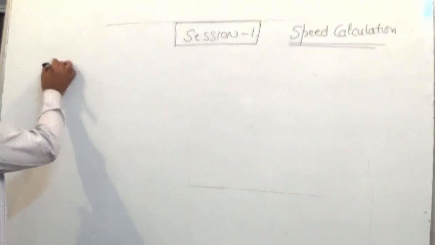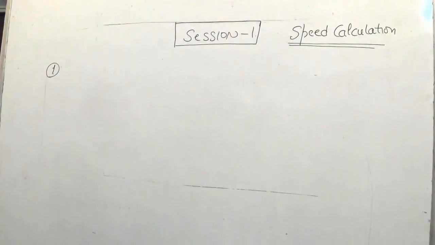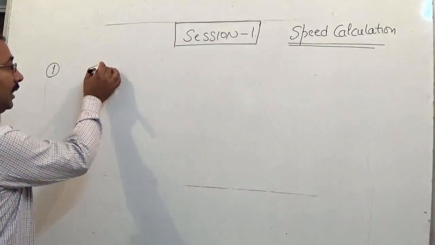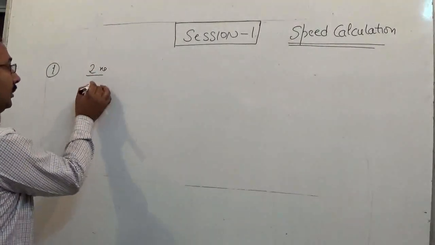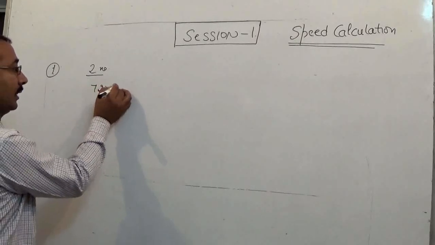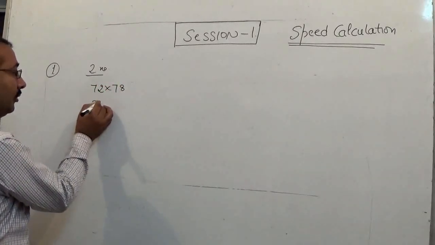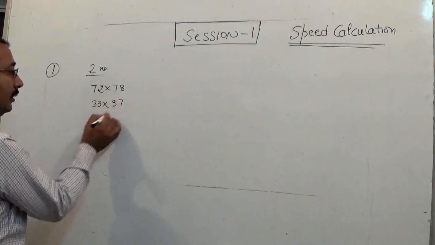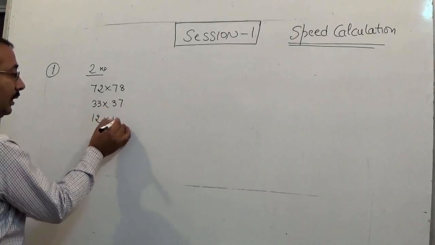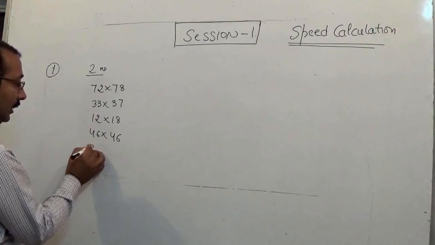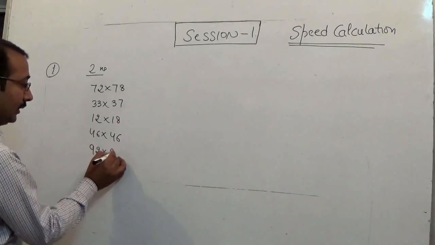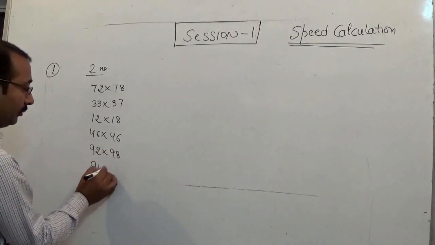The first principle that we start with: suppose you have to multiply two numbers: 72 into 78, 33 into 37, 12 into 18, 46 into 46, 92 into 98, 91 into 99.